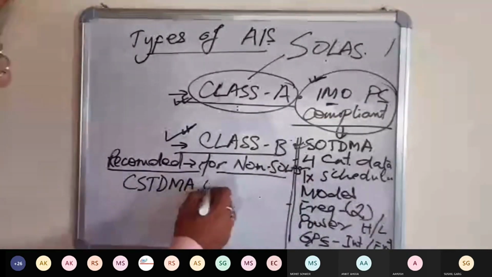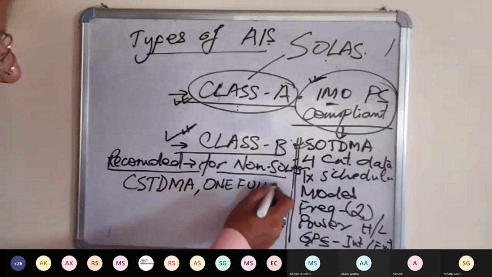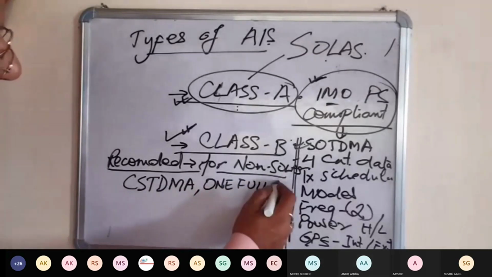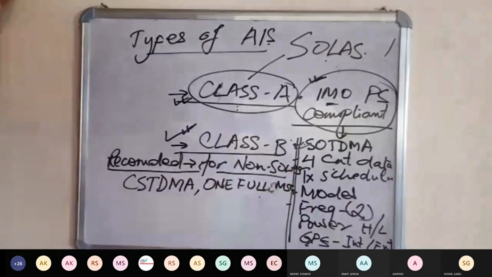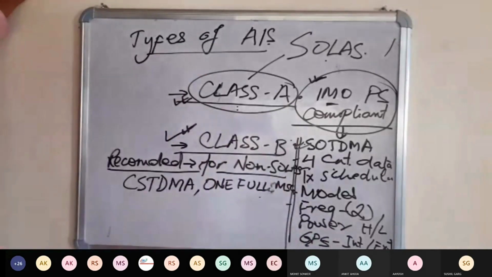No. 1 full message. 1 full message means what? उसी में identification, call sign, अगर call sign तो होगा नहीं, name of the vessel, position, course, speed, etc. Whatever is there, everything in one shot. एक ही तरीके का मैसेज होता है, not 4 categories.